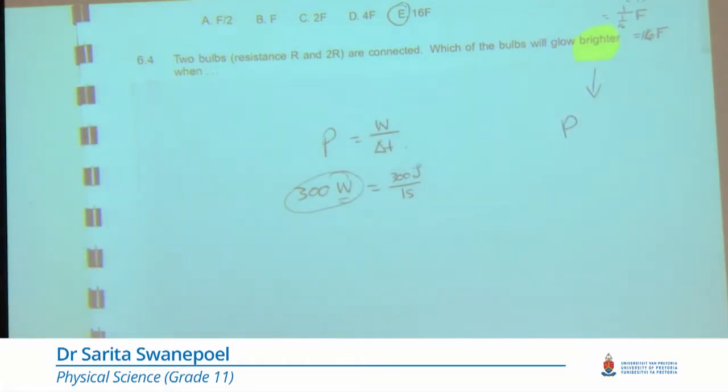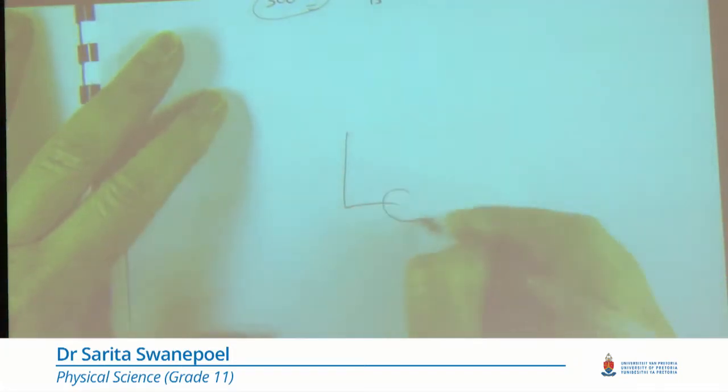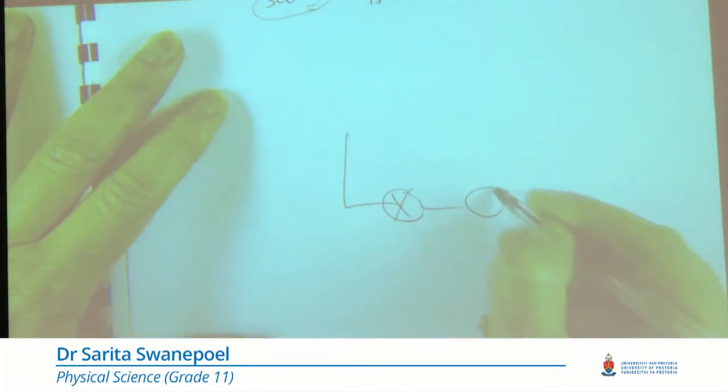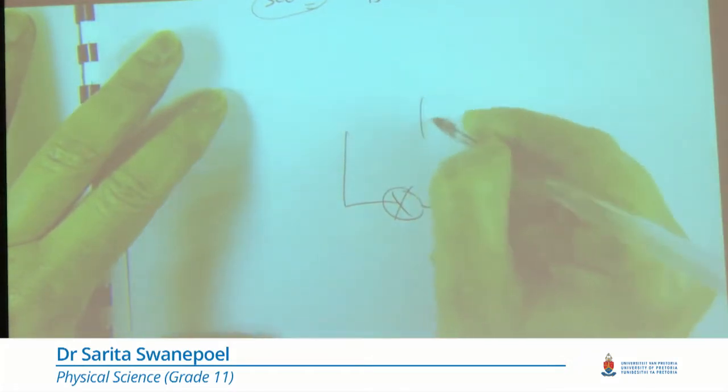Now we have a small problem. When you were in grade 10, your teachers told you to look at current. They told you something like, I have two identical bulbs in a circuit.